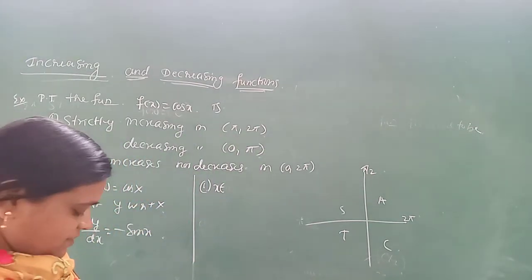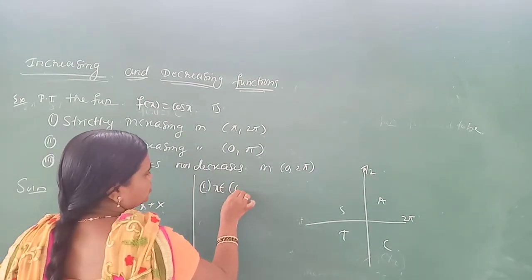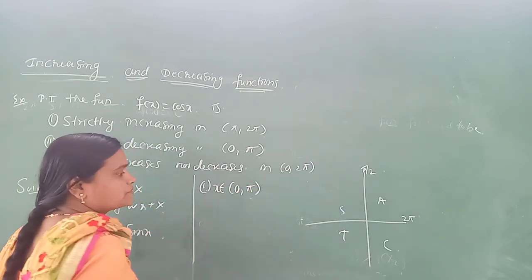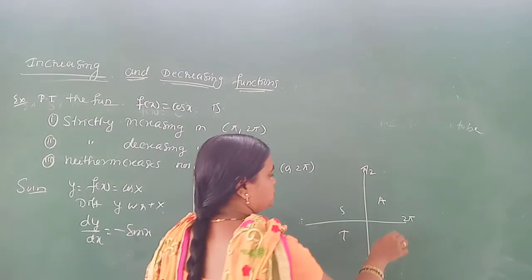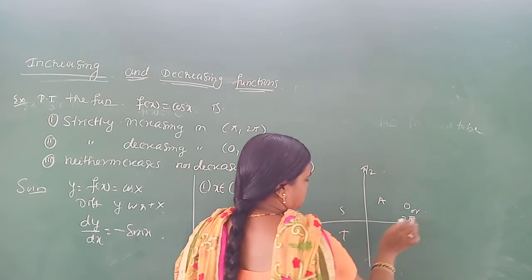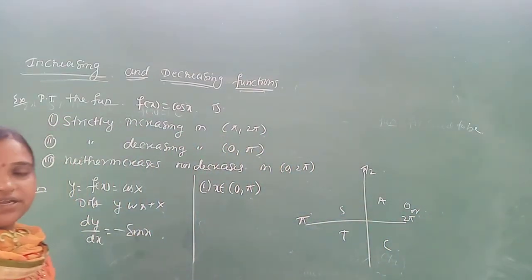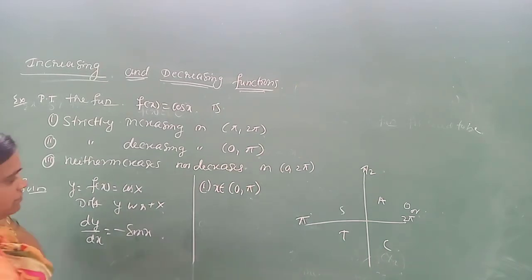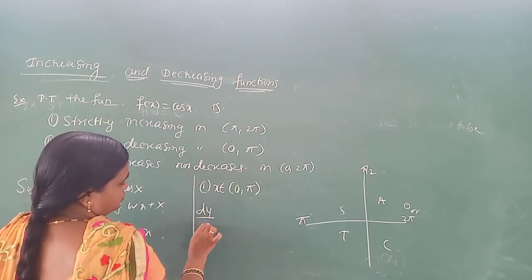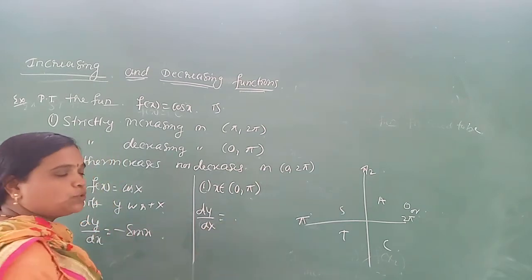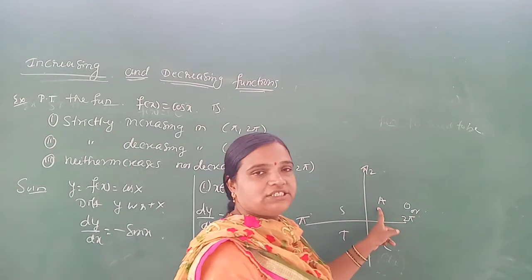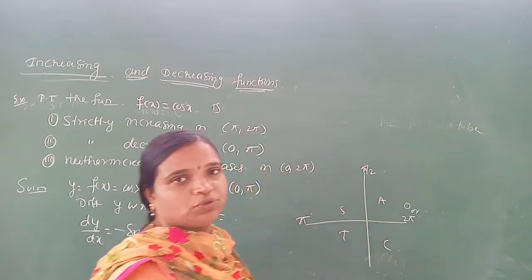Next mention, x belongs to 0 to pi. Okay. This is 0 or 2 pi. 0 to pi. Okay. And dy by dx belongs to constant. For 0 to pi, sin here also positive, here also positive.